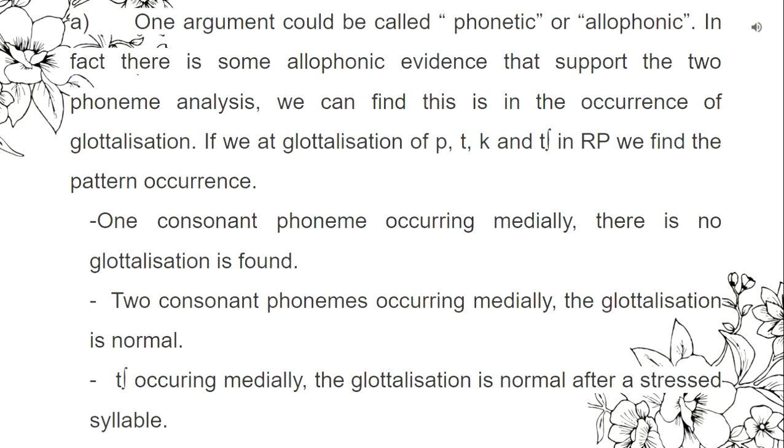If we look at glottalization of p, t, k, and t-esh in RP, we find a pattern of occurrence. With one consonant phoneme occurring medially, no glottalization is found. With two consonant phonemes occurring medially, glottalization is normal. With t-esh occurring medially, glottalization is normal after a stressed syllable.